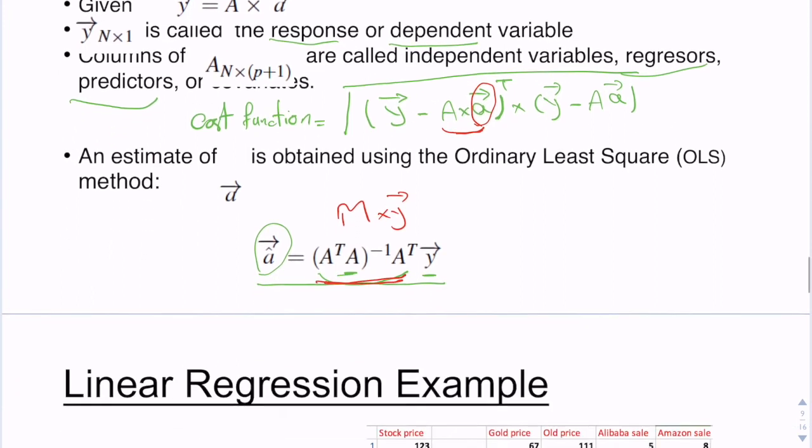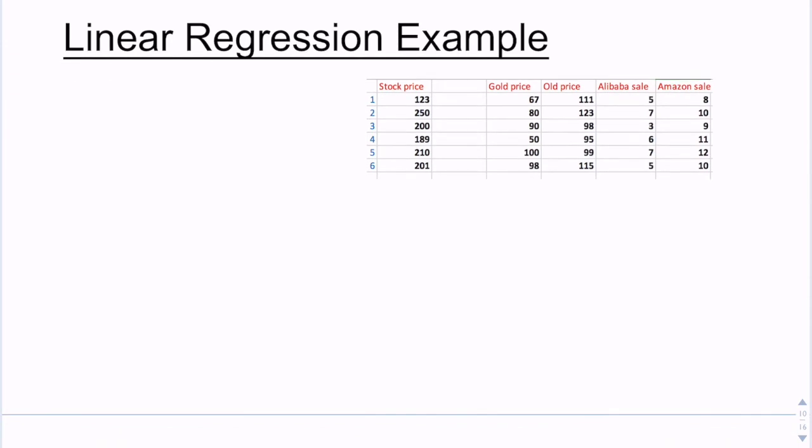So let's consider a linear regression example. I wanted to show through an example what we have discussed. I wanted to identify what is the dependent variable, what is the observed, what is the response, what are the independent variables, and what you want to predict. This is a problem in which you want to predict the stock market price, which is a continuous value, based on some features.